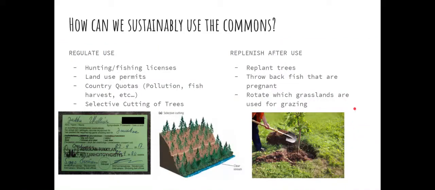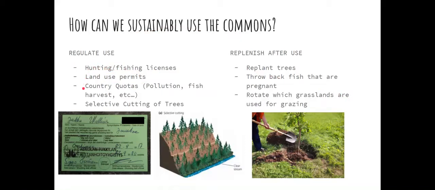Now, the question starts to become how we can sustainably use the common areas. And so there's a couple of different ways you could do that. The first thing you could do is to regulate the use. So some examples of this are by creating hunting and fishing licenses, so only certain people are allowed to hunt in areas. Land use permits, so only certain people can use the land there.